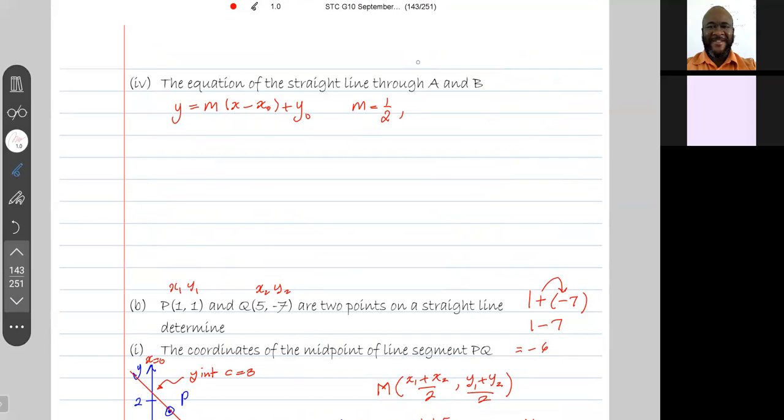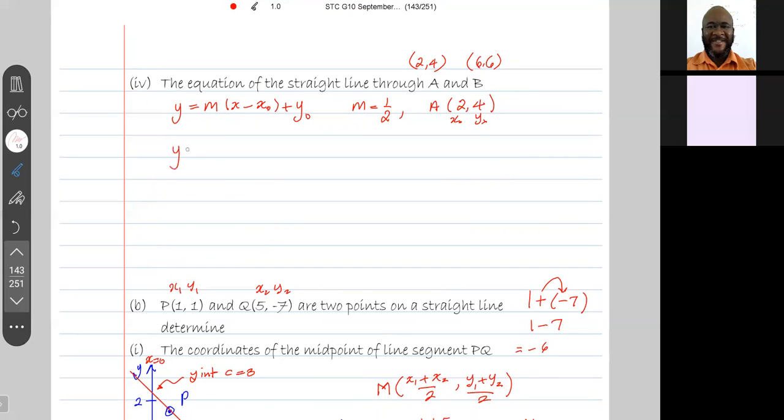I know A, which is 2, 4, and I know B, which is the point 6, 6. I'm going to use the point A. A is 2, 4. From the formula, this is my x naught and this is my y naught. So all I need to do is put in the values.